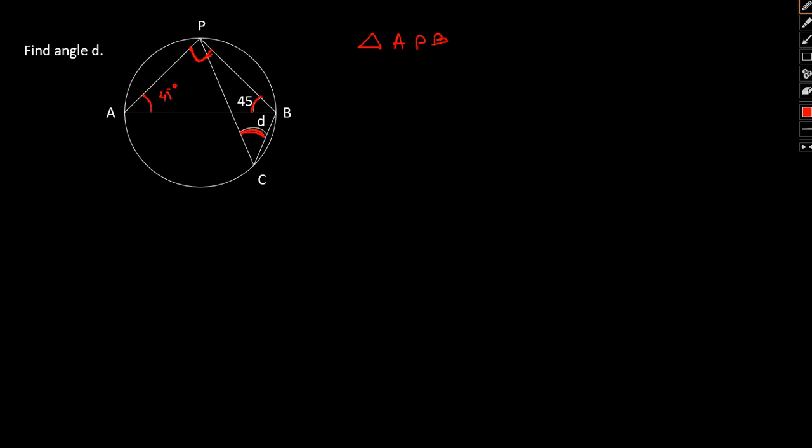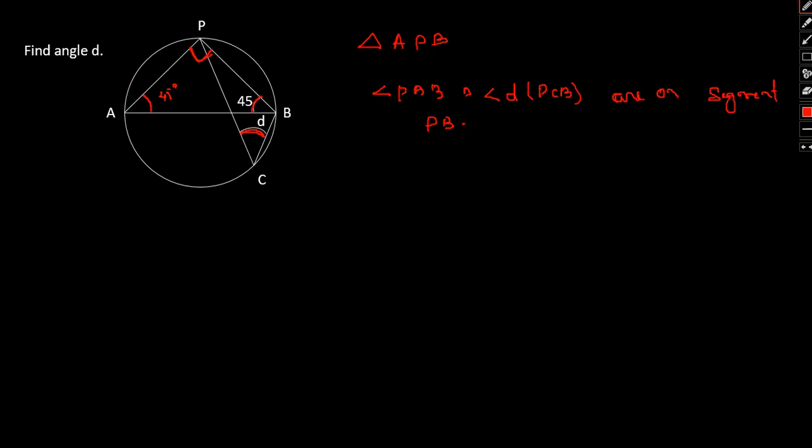So notice one thing, both angle PAB and angle D, that is PCB, are on segment PB. Okay, I hope it is clear.